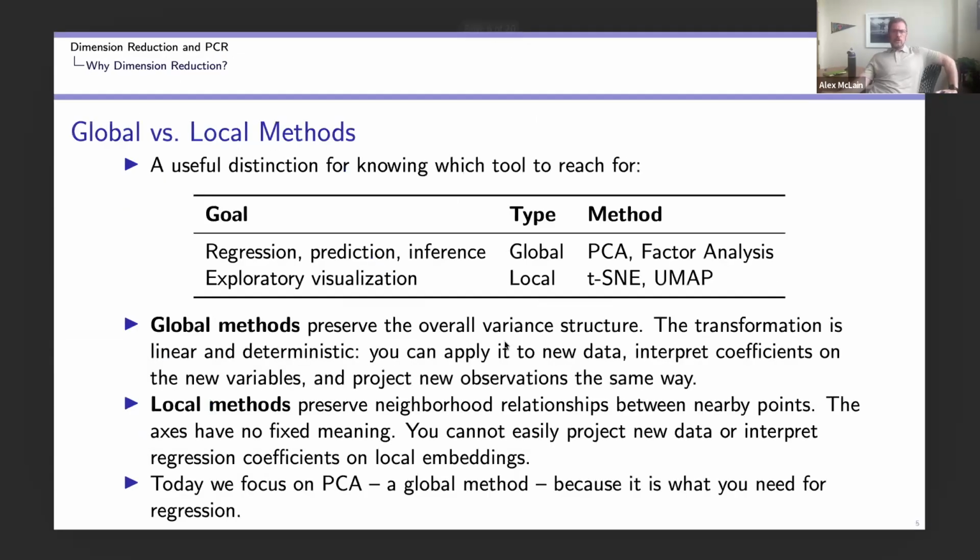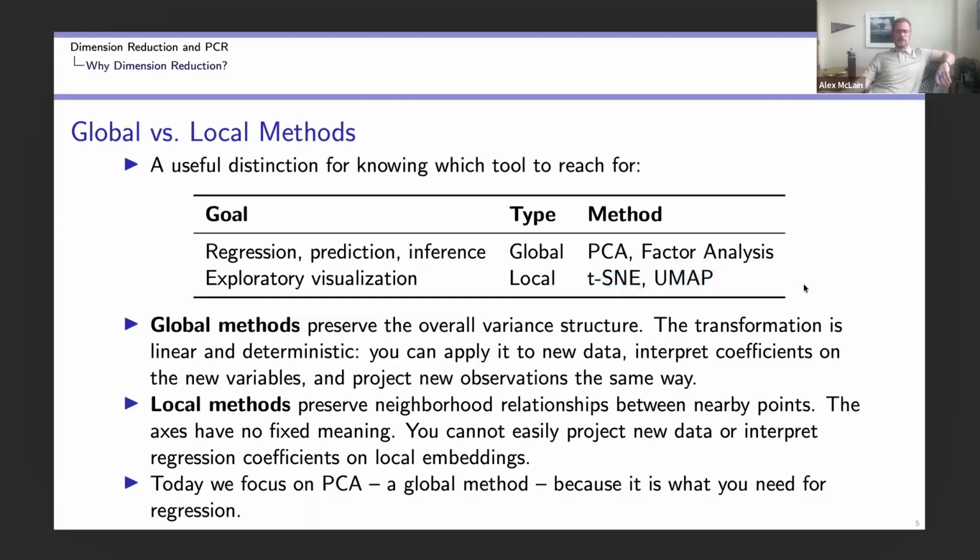Okay, so before we talk about principal component analysis, I want to step back and look at the bigger picture of dimension reduction and the different classes of dimension reduction methods. Today, we're going to talk about PCA. There are many, many other dimension reduction methods, for example, t-SNE and UMAP.